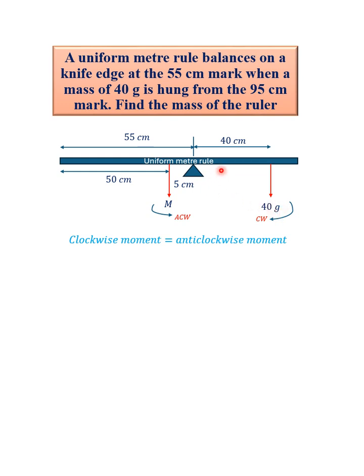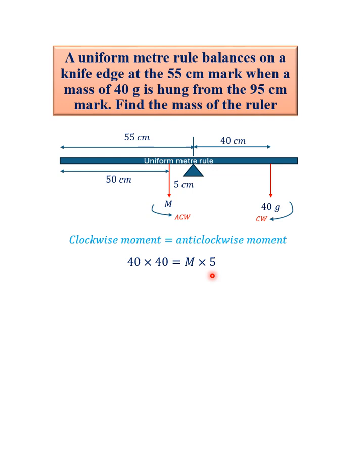If one of the units was meters, while we have centimeter in some, then we have to convert to a common unit. But now we have centimeters and gram. So our answer will also come in gram because we are looking for mass. Having said that, the clockwise moment will be 40 gram times the distance to the turning point, 40. 40 times 40 is equal to the anticlockwise moment, which is the mass m times the distance between the turning point and the point of application of the mass, 5.